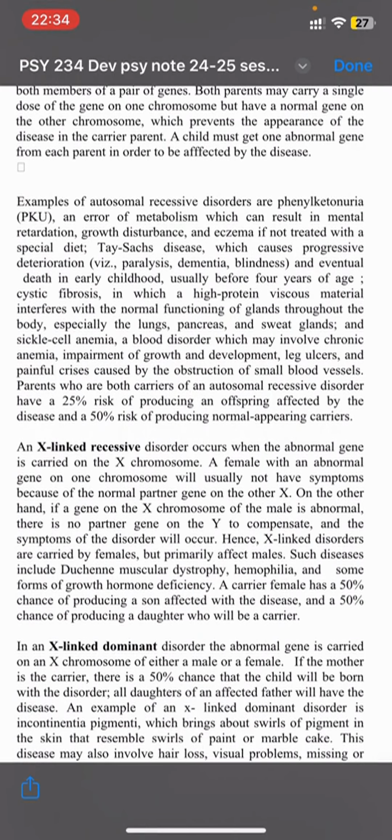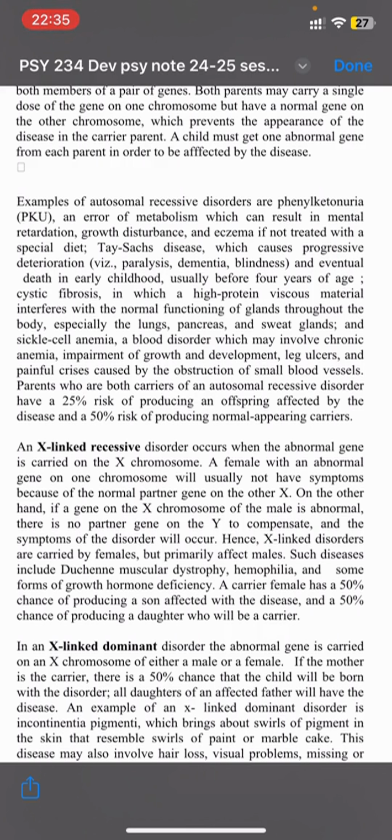Now we have X-linked recessive disorder. X-linked recessive disorder is a disorder that is happening on the X chromosome. Now, an X-linked recessive disorder occurs when the abnormal gene is carried on the X chromosome. A female with an abnormal gene on one chromosome will usually not have symptoms because of the normal partner gene on the other X. You know, women have XX.